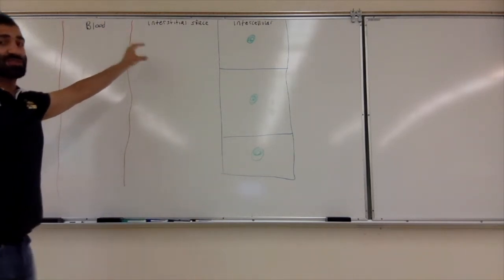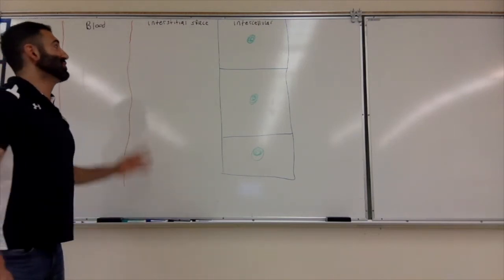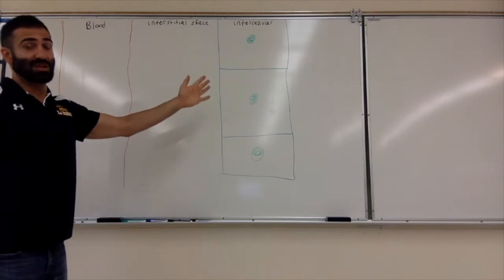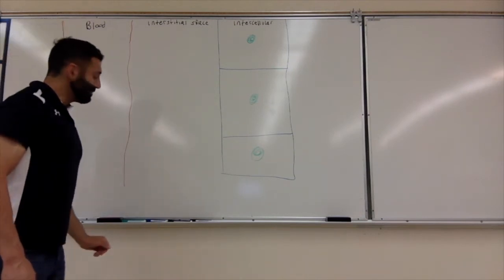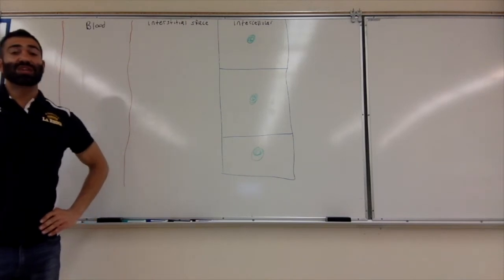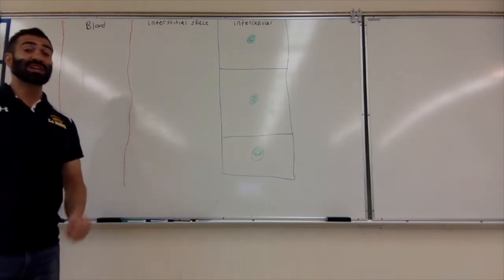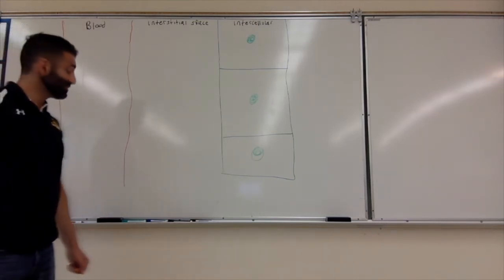So think of the interstitial space as the buffer zone between the blood and the intracellular space. And the blood is very important because it is very similar to a transport system or a freeway system in our society. It is how our cells get everything that they need.